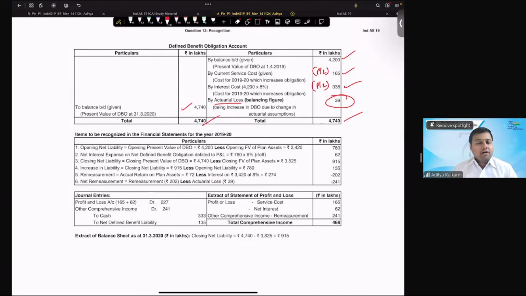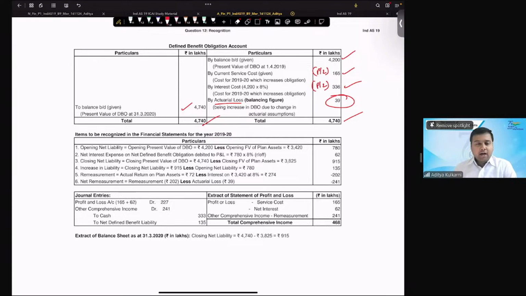And now what you have to do, you just pick up the opening balance here, closing balance asset, closing balance liability, interest cost asset, interest income asset, interest cost liability, and then you do a netting off. Actuarial loss goes to other comprehensive income. That's what we have done, na Hemant? I have told you already. Actuarial gains or losses will go to other comprehensive income, and that is non-reclassifiable.